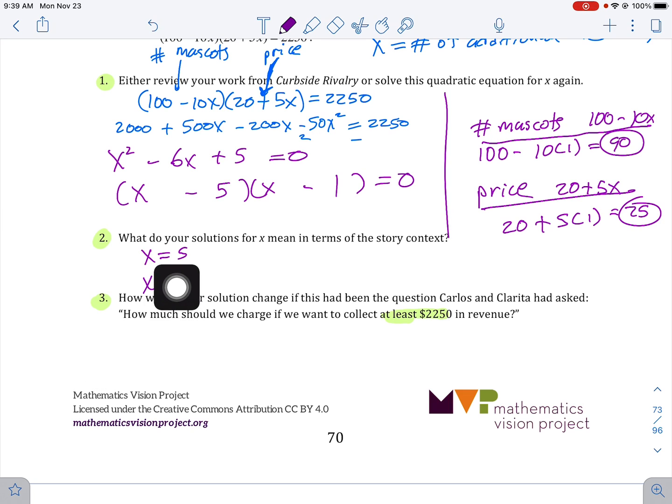Another possible solution is when x equals 5. Okay, so it'll be 100 minus 10 times 5, which will be 50. And it'll be 20 plus 5 times 5, which will be 45. So another possible solution is to sell 50 mascots at $45.